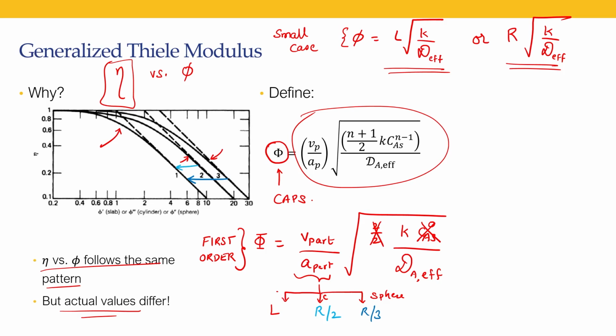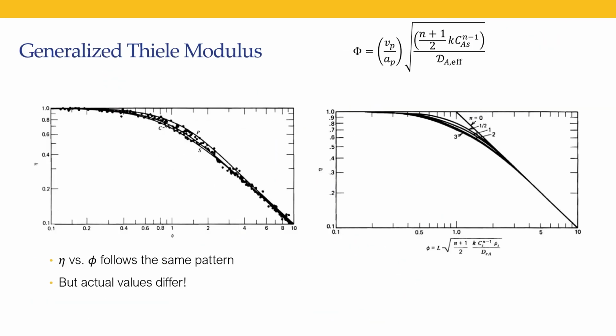What I mean by that is if we plot eta versus capital phi for all of the sizes and all of the types of pellets, this is how it will fall.